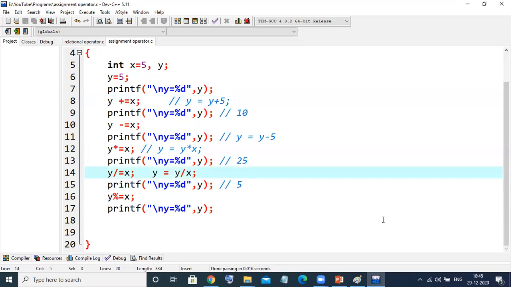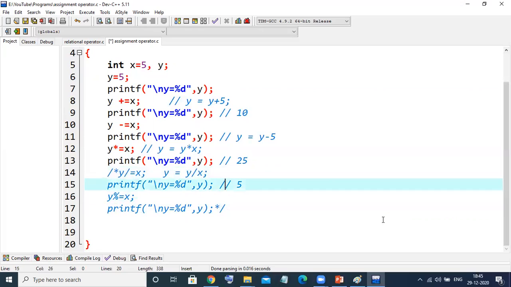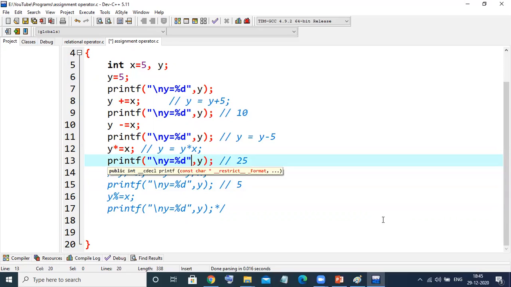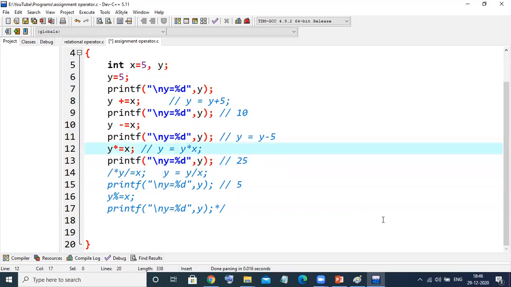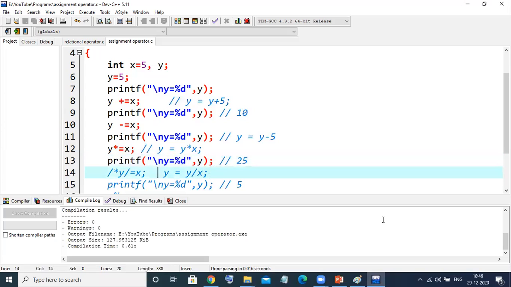Let me comment this, just to check what is the last value of this y. Okay, print of y. Is it giving 25? That we need to check. Yes, it's 25.